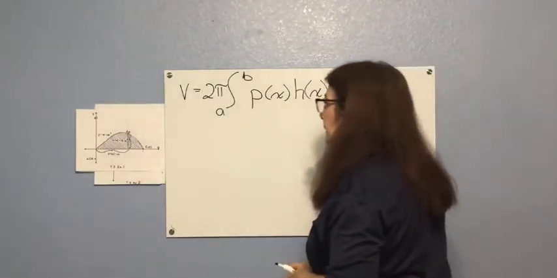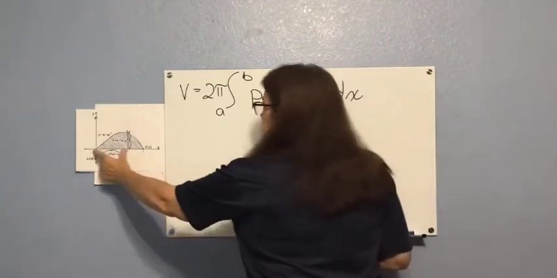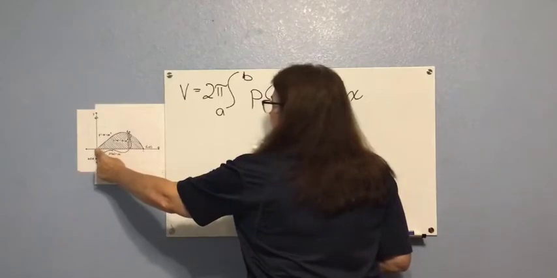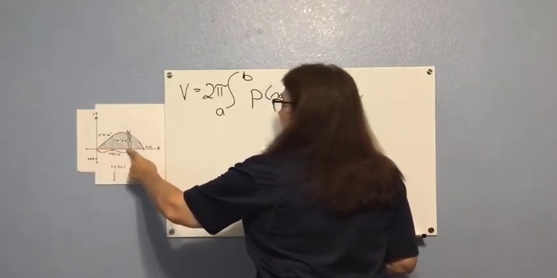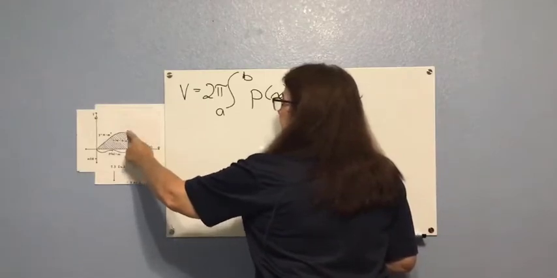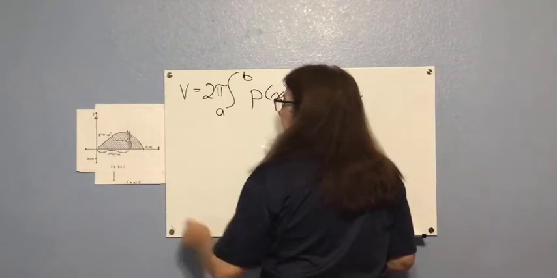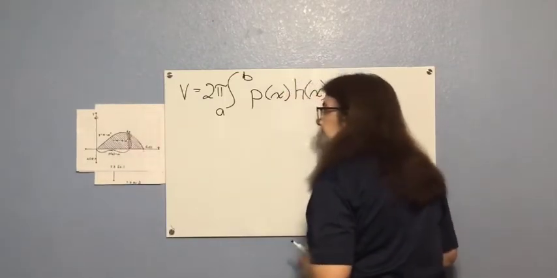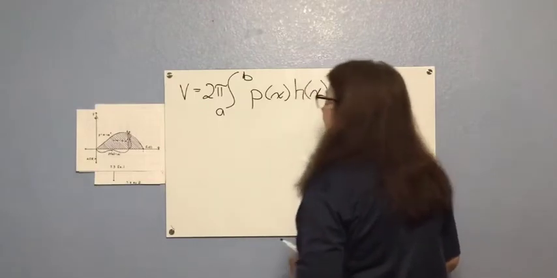Looking at our picture, this is p of x, the distance from 0 out to my representative rectangle, and this is h of x, the height at that particular point, and the width of the rectangle is my dx.